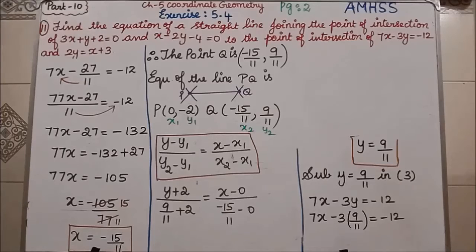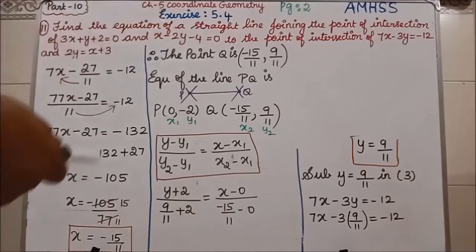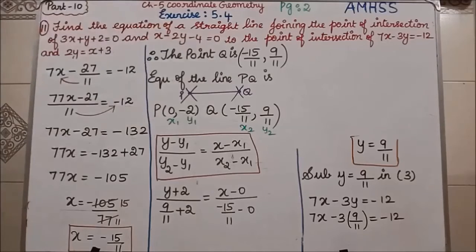In the formula there is 1 minus, so it will become plus 2. Divided by y2, which is 9 by 11. y1 is what? Again minus. In the formula 1 minus, it will become plus 2. Equal to x minus x1, which is 0. So x minus 0 divided by x2, which is minus 15 by 11 minus x1, which is 0. Next, I will do the simplification here.